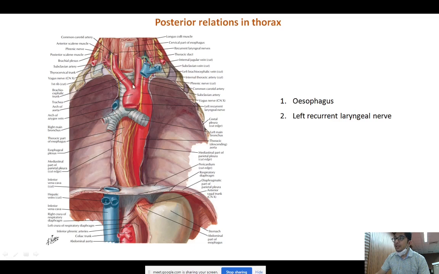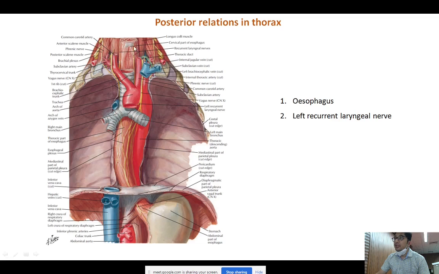So in the thoracic part of the trachea, the posterior relation is only the left recurrent laryngeal nerve, because the right one has already gone up, and this is related only to the cervical part of the trachea.